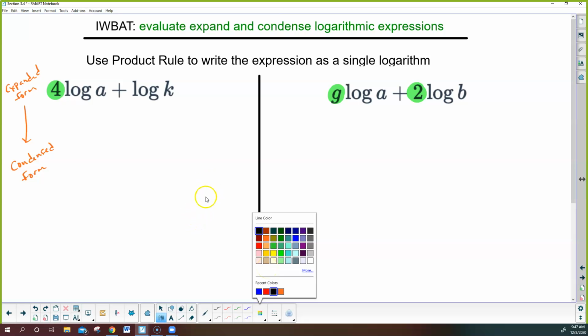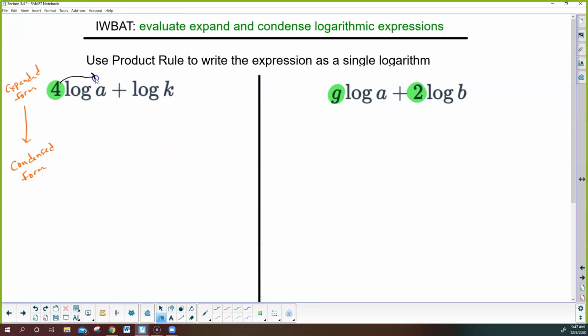Okay, let's take a look at this. And again, you could do all of this in one single step. I'm just going to basically apply the first rule. If I have a constant, that constant came from the power. All right, so basically the 4 was from a to the 4th. And then I've got addition. When I see addition, I think the product.